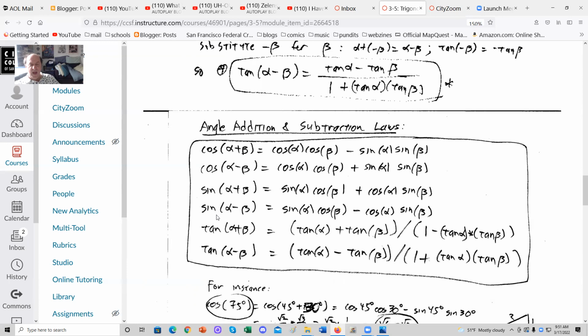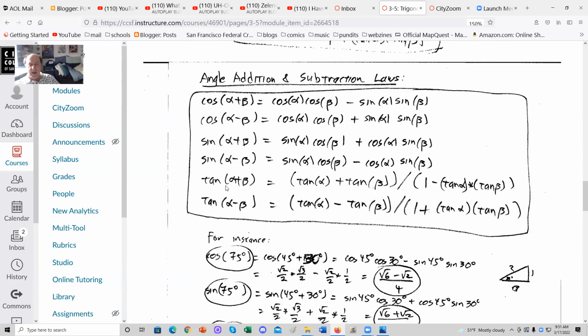Sine of a difference, alpha minus beta, is sine alpha cos beta minus cos alpha sine beta. Tangent of a sum is tangent plus tangent all over 1 minus tan times tan. Tangent of a difference is tangent minus tangent all over 1 plus tangent times tangent.